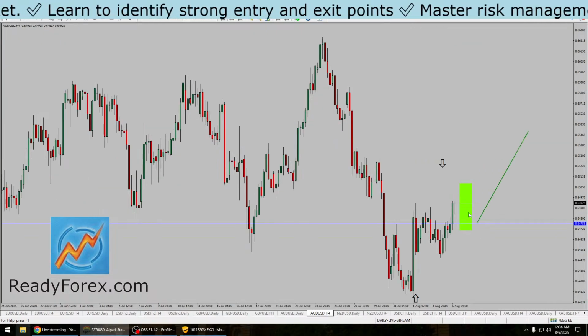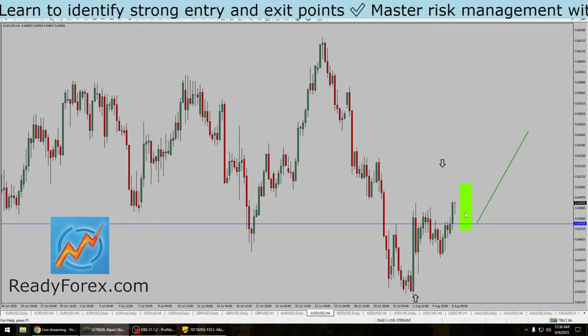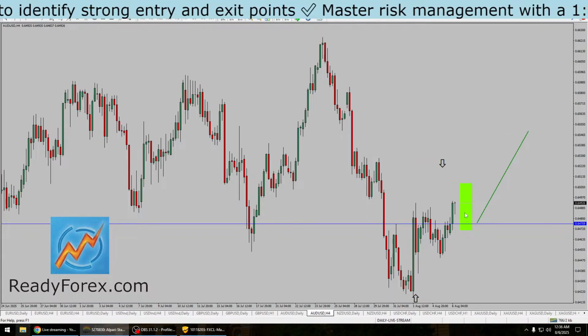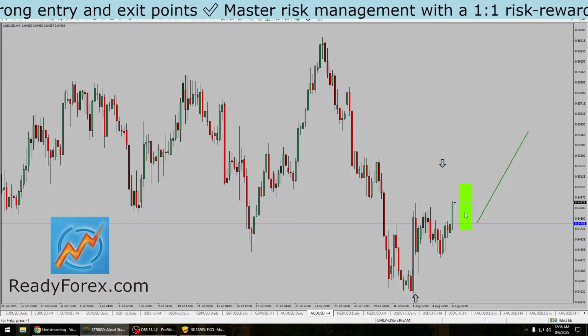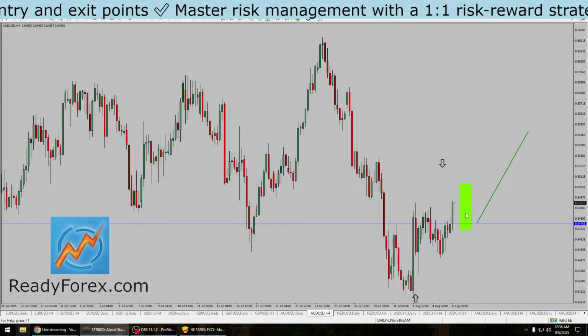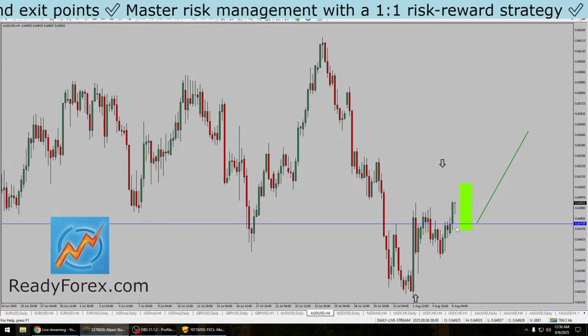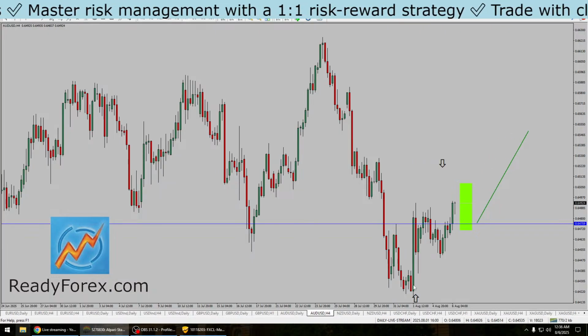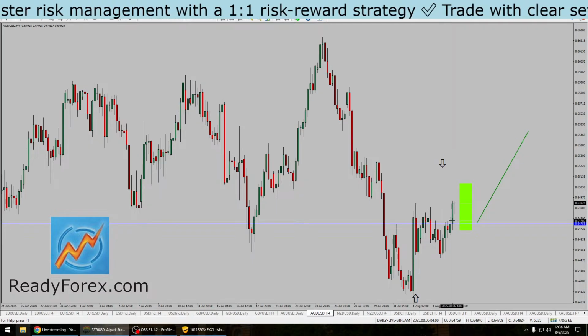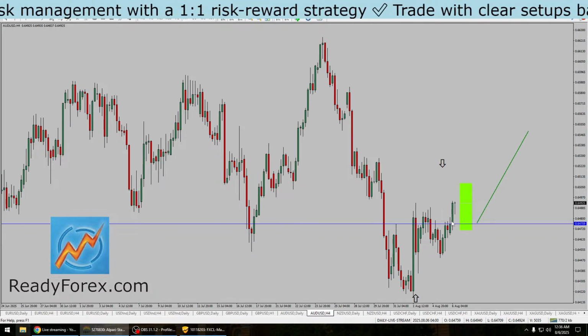If you take a look at the 4 hour, earlier today, about 5 hours ago, I did the Asian market session. I told you guys that the Aussie dollar is going to rise up. It's not going to stop because of this bullish breakout that we got in the 4 hour time frame.